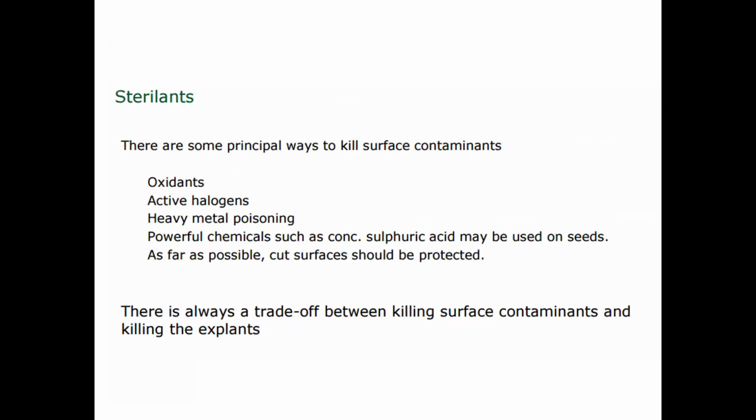What are the sterilants we use to sterilize the explant to kill the contaminants? They are mostly oxidants, different kinds of oxidants, active halogens, heavy metal poisoning, powerful chemicals such as concentrated sulfuric acid may be used on seed. As far as possible, the cut surface should be protected. There is always a trade-off between killing surface contaminants and killing the explants, because when you kill the surface contaminants, that is microorganisms, sometimes the plant cell may also be killed.